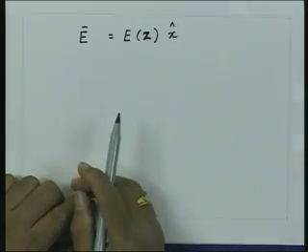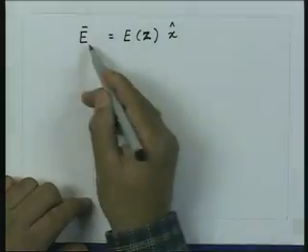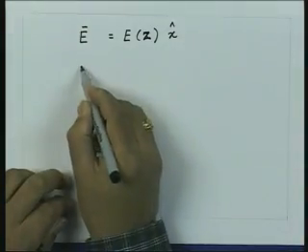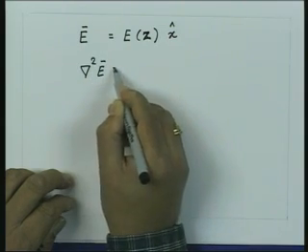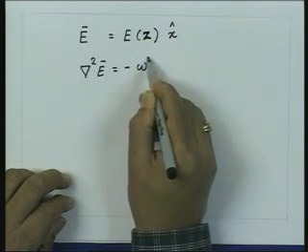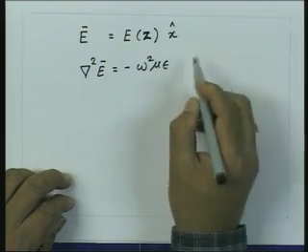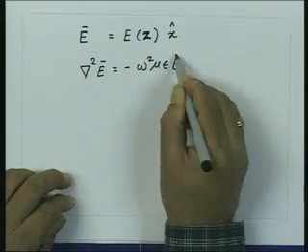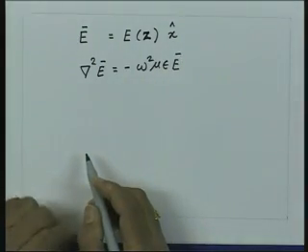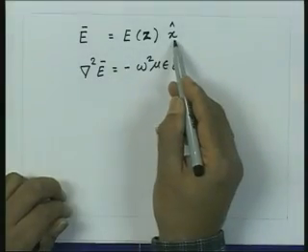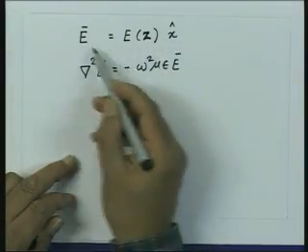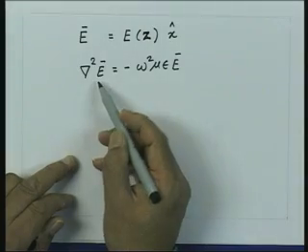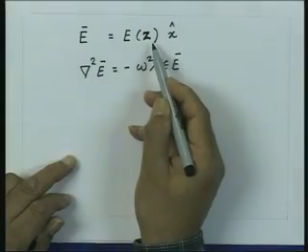Once we do that, then I can go back and substitute this field in the wave equation, and that is your del square E equal to minus omega square mu epsilon into E. And since I have only one component, which is the x component, I substitute the x component into this. So, this equation should be satisfied by the x component.